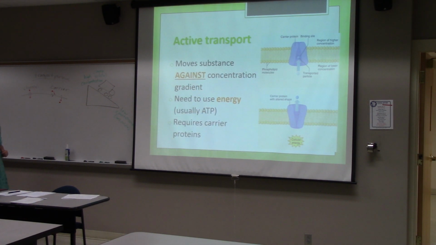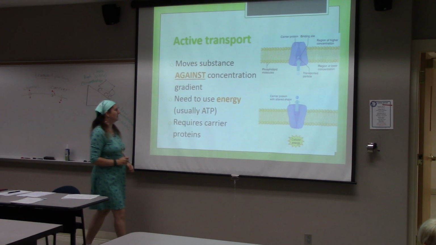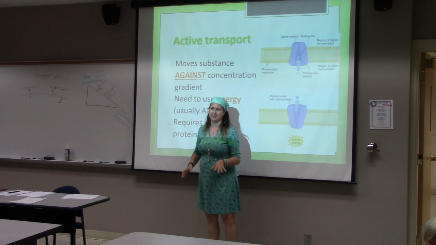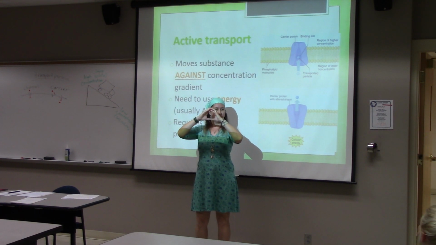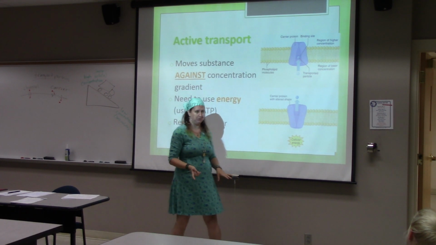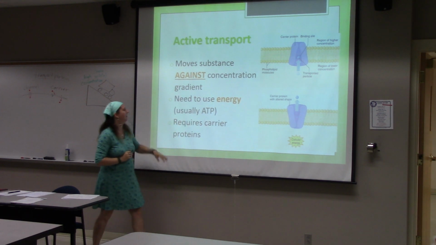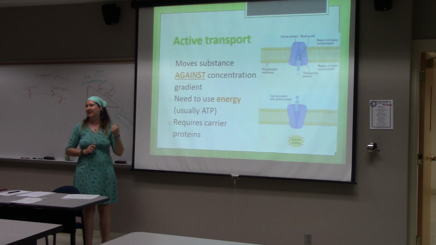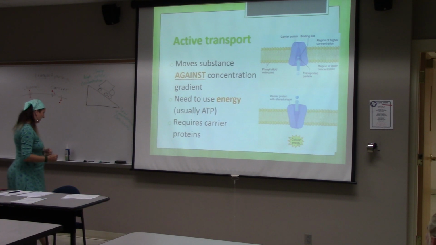Our active processes, things where the cells have to spend energy to move substances. Active transport uses transport proteins, specifically carriers, because a channel being open can't control which direction something moves. It uses carriers to push a substance against its concentration gradient.